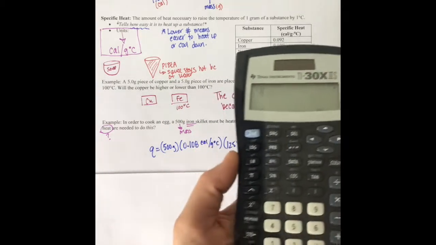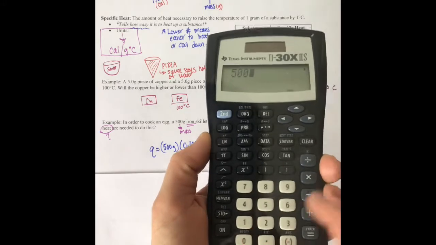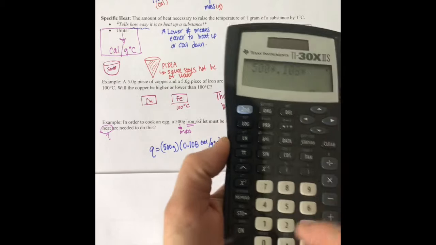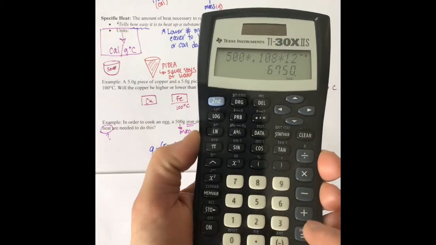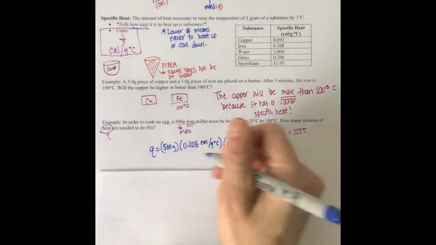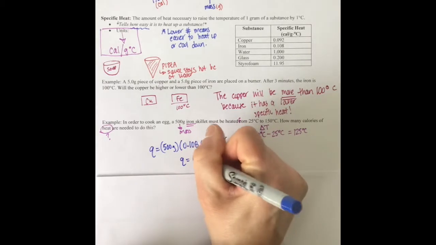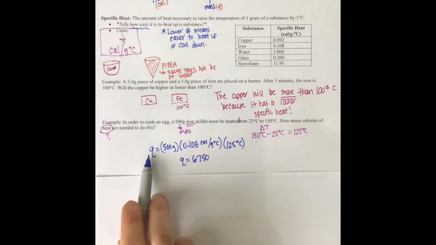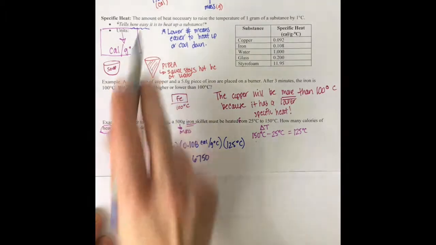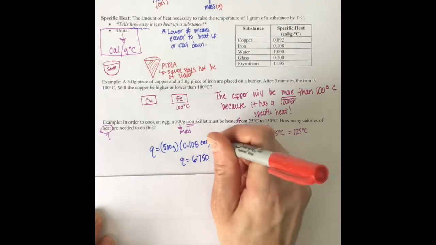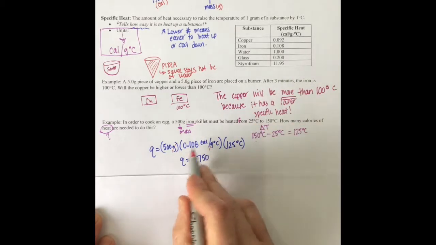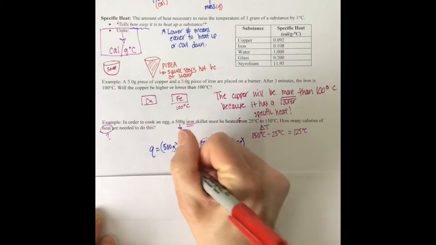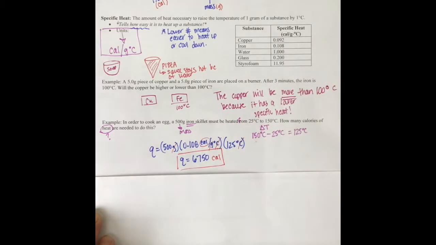Okay, you'll grab your calculator and you'll punch that in. And I get 6,750. It needs a label. You could try to remember that heat is always measured in calories, but if you want to cross out your units, grams, grams, Celsius, Celsius, we are left with calories for the unit on our answer.